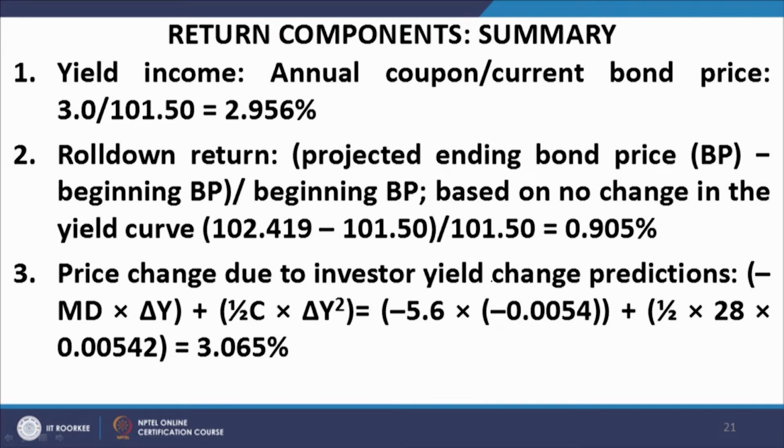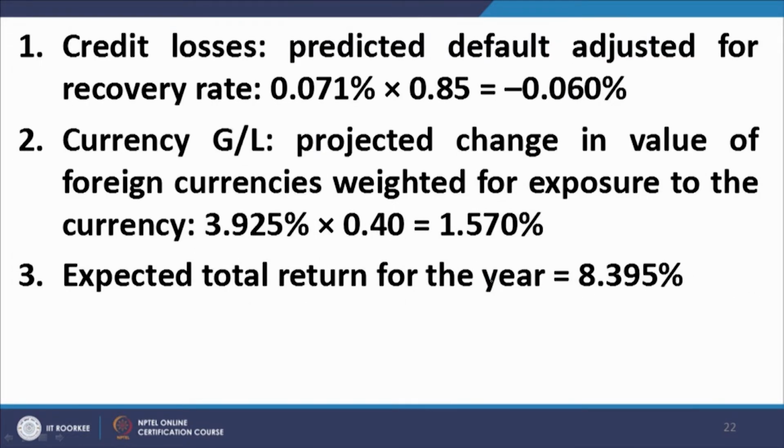So, here is the summary of the return components. The yield income or the annual coupon over the current bond price is given as 2.956%. The roll down yield, we have worked it out as 0.905%, and the price change due to investor yield change predictions is 3.065%, and as far as credit losses are concerned, it is minus 0.06%, and as far as the currency gains are concerned, that is 1.57%.